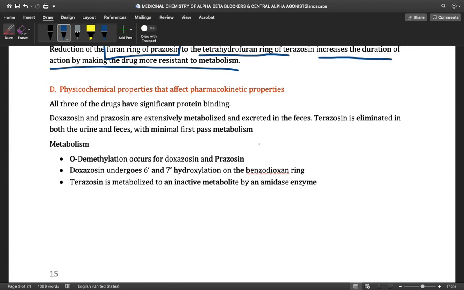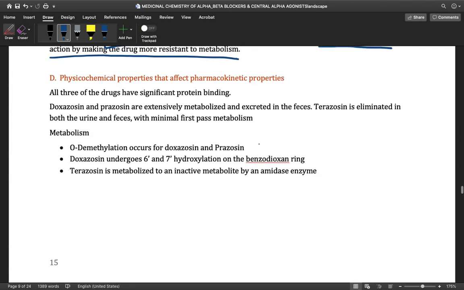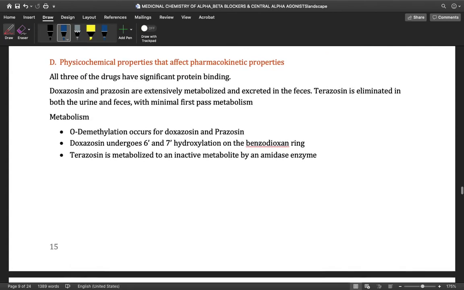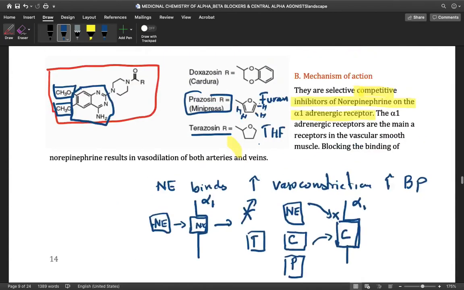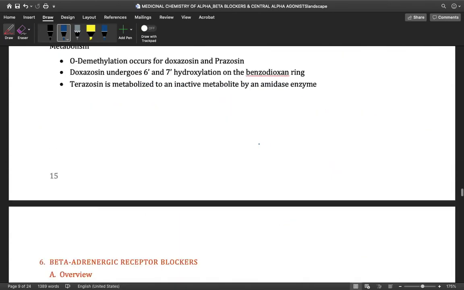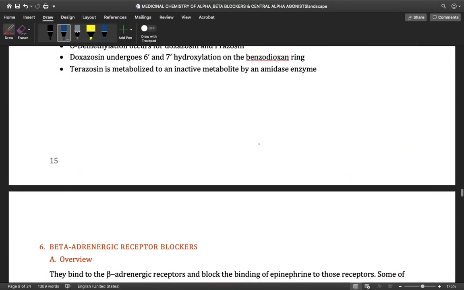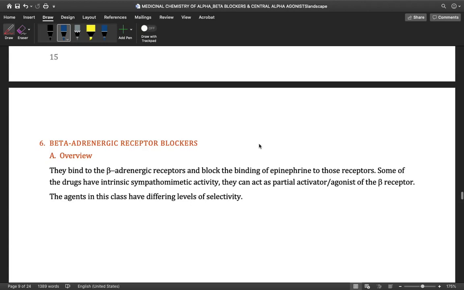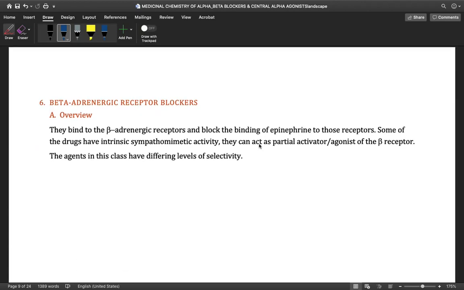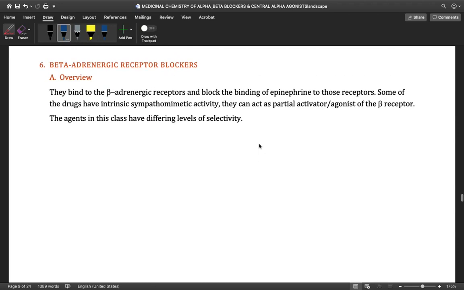I have some notes here on the metabolism of these alpha-1 receptor blockers for you. I don't go into much detail about the metabolism in the lecture, nor do I go into detail on the exam. So let's spend the rest of the time here on these beta-adrenergic receptor blockers.